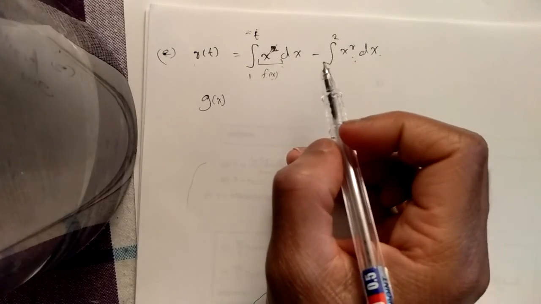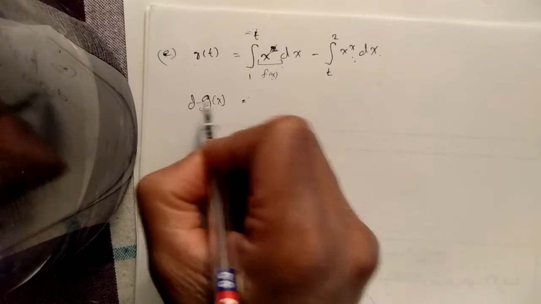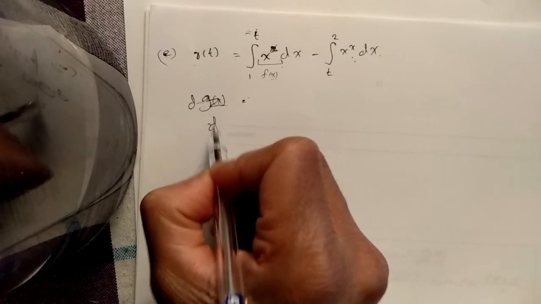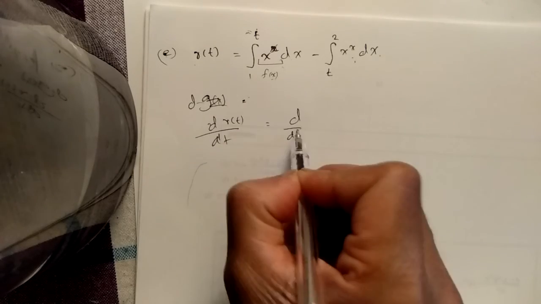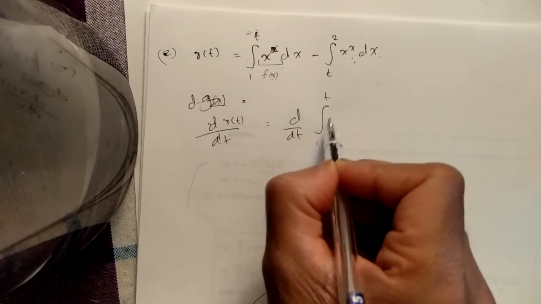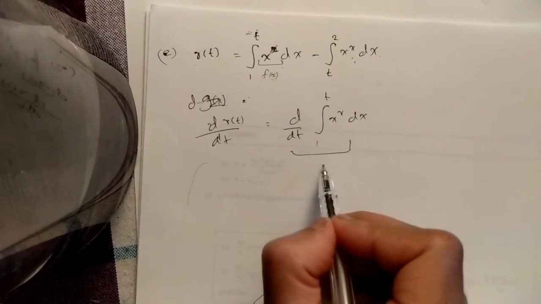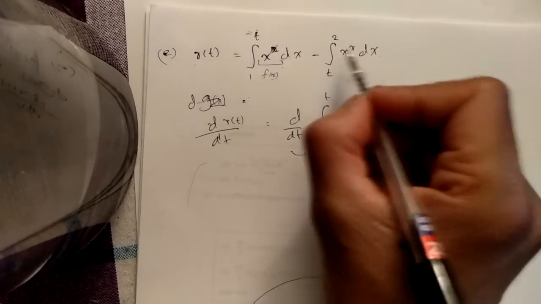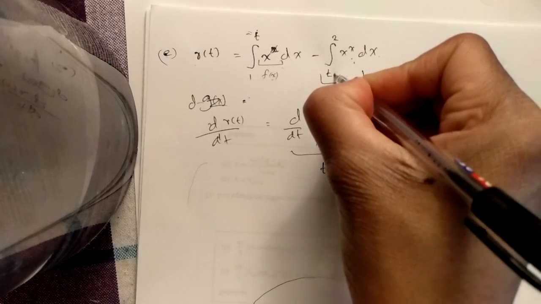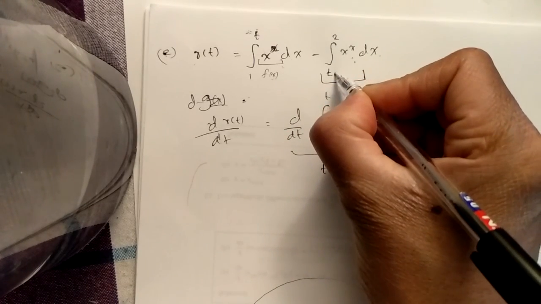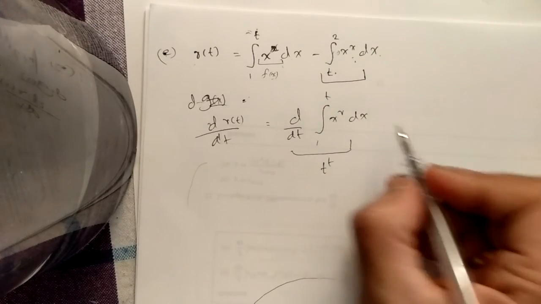Given that, it's now a simple application of the chain rule and the fundamental theorem. Basically you just have to differentiate this thing, right? For the first one, you can directly use the fundamental theorem. So this becomes t to the power t. And for this one, as you have a variable in the lower limit, you cannot directly apply it, but instead you can multiply it with a negative term.